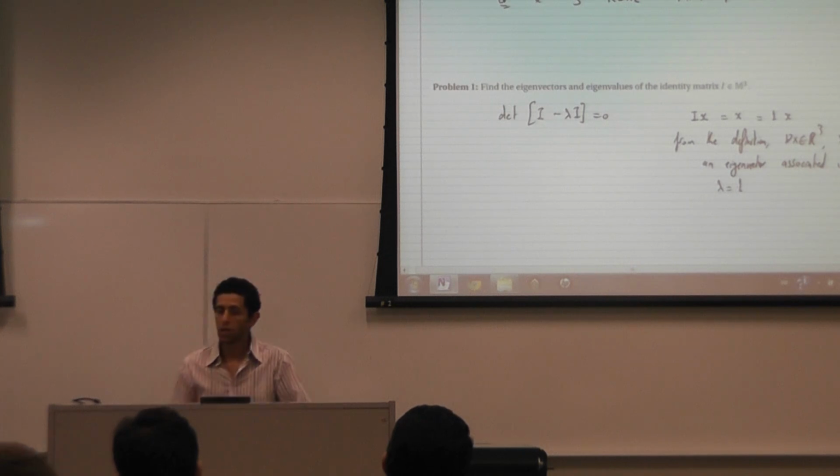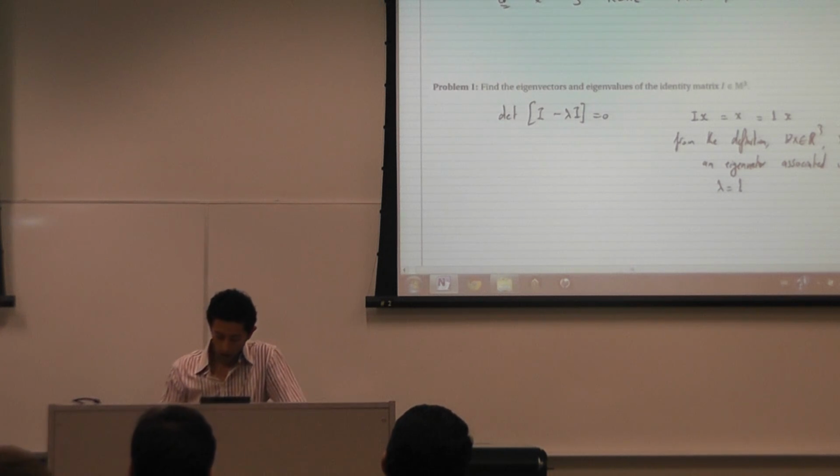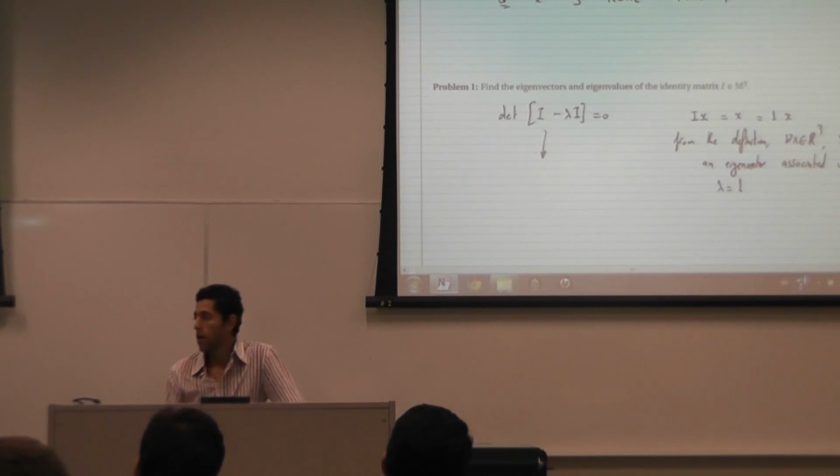So all of the vectors in R3 are actually eigenvectors of I. If you do it the long way, you're going to get this same result.